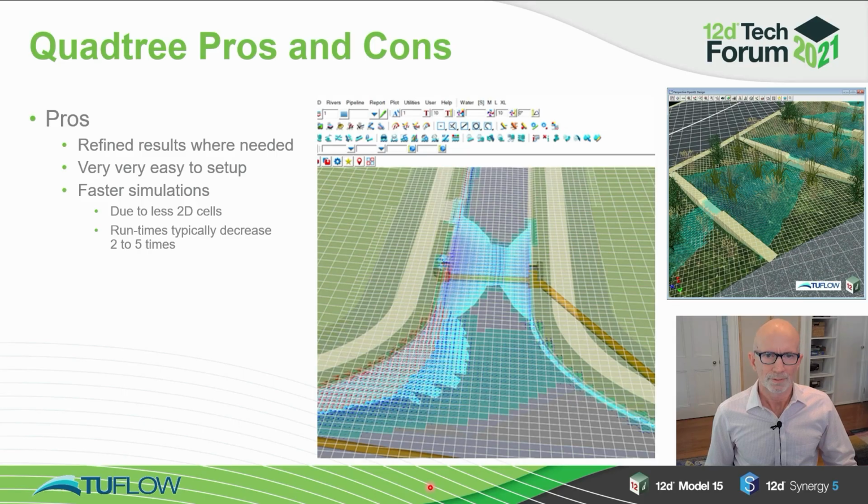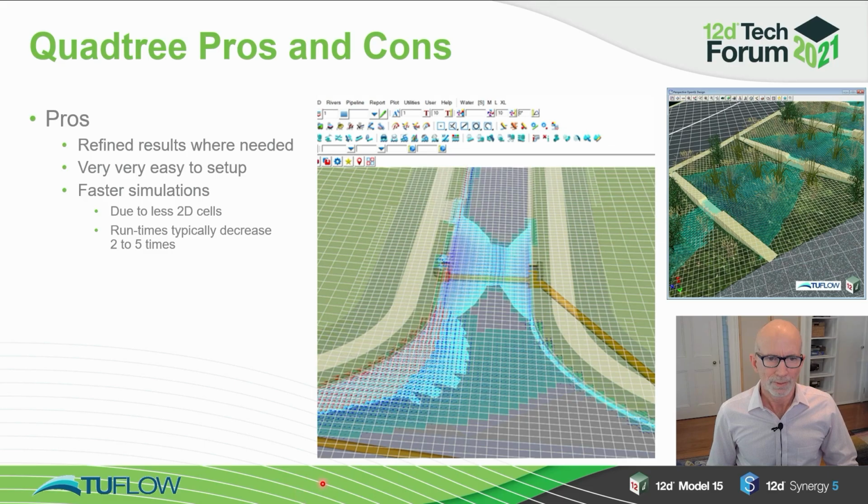So the pros and cons of Quadtree are that it allows you to get refined results where you need it. So here we want to get finer results around the roadway, the gutters. And also, in this case on the right here, we've got some little detention ponds, and we can get a finer resolution around those and coarser resolution away from those.